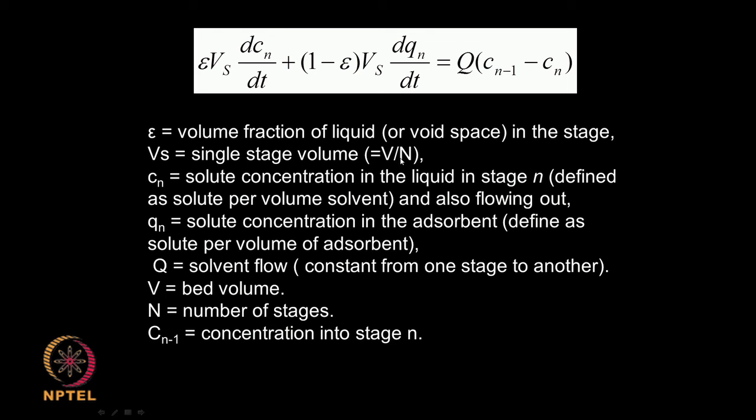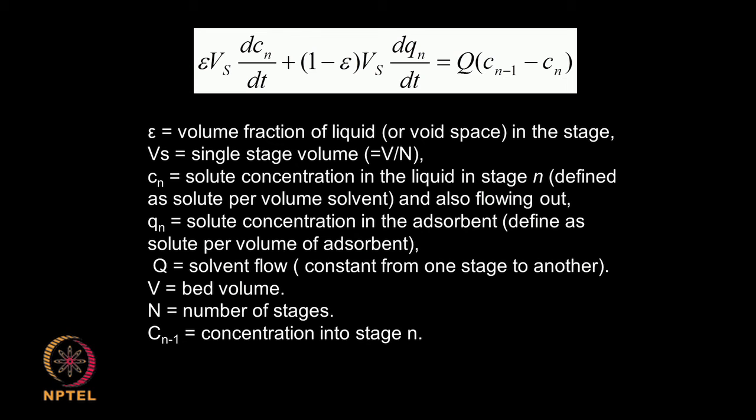So, it depends upon what our N is. Generally, we would like to take a very large N, so that the results are much more accurate. So, one point you need to note is that n could vary from 1 to capital N, that is the total number of stages. So, we could have several differential equations moving from C1, C2, C3, C4, C5 and so on.